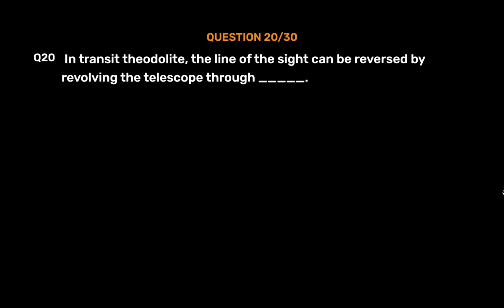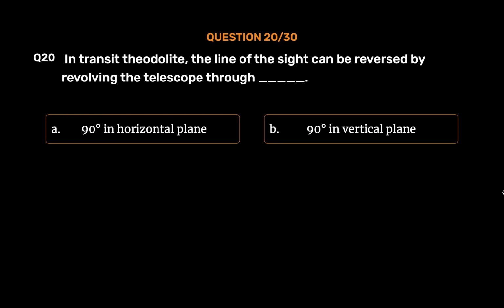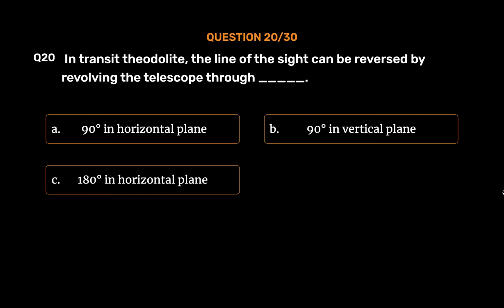Question number 20. In transit theodolite, the line of sight can be reversed by revolving the telescope through underscore. Option A, 90 degrees in horizontal plane. Option B, 90 degrees in vertical plane. Option C, 180 degrees in horizontal plane.